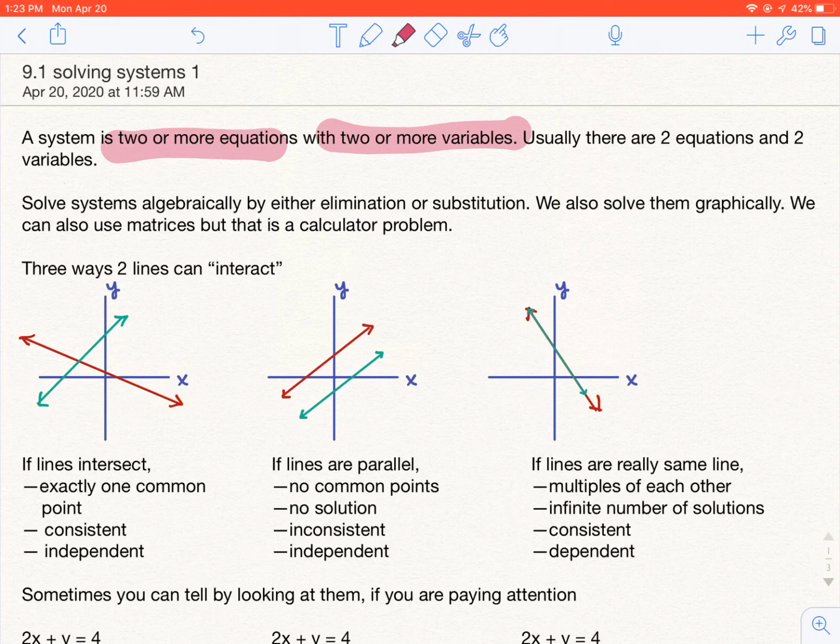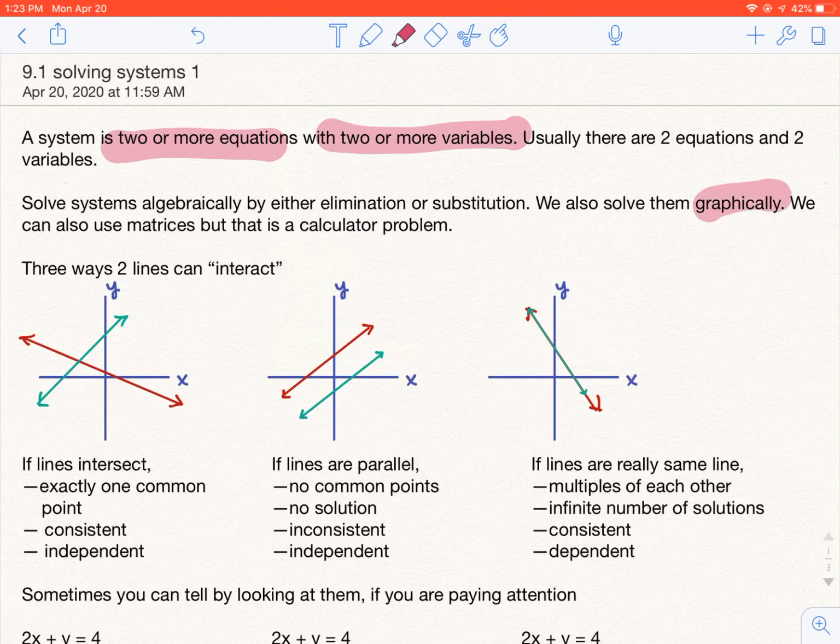We're going to do two variables right now, just x and y. When we talk about solving a system of equations, we're looking for where those two lines cross. You probably learned back in high school that you can solve them algebraically by elimination or substitution, or solve them graphically. We're going to do the graphical method in this video.